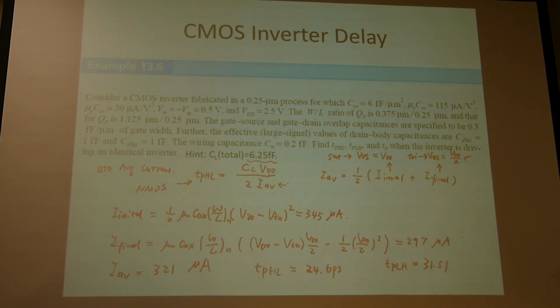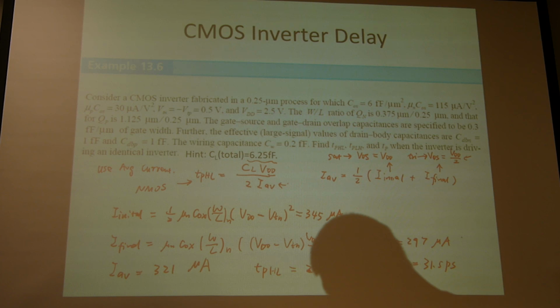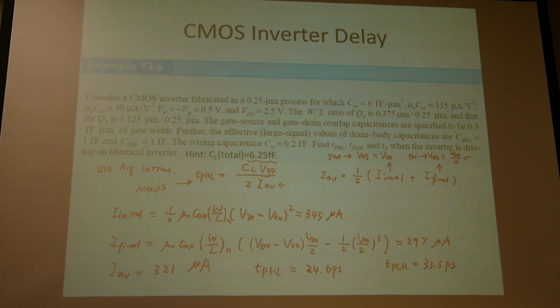So if you do that, you will get 31.5 picoseconds. So this is unmatched if you look at those two numbers. So this NMOS and PMOS are unmatched. So if they are matched, you will get the same number. But in this example, they are not matched. So here you see that NMOS is stronger because high to low, NMOS is pulling down and PMOS is pulling up.